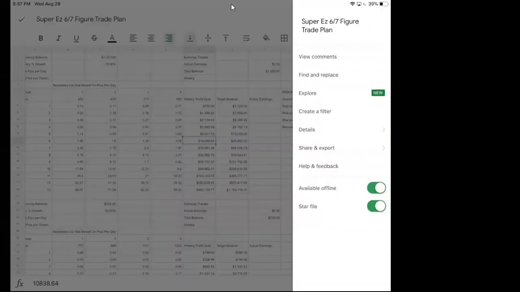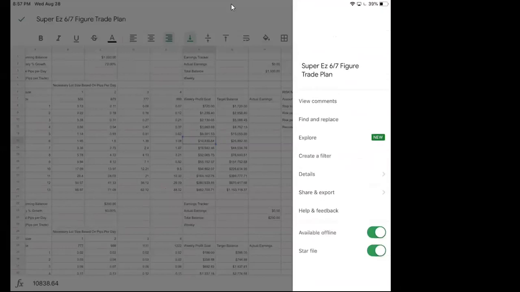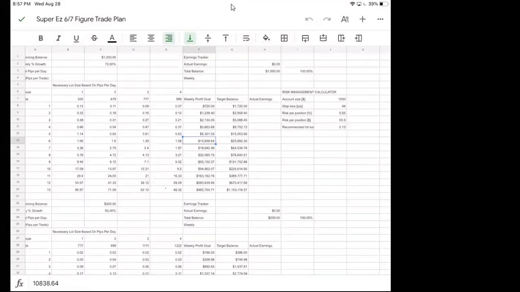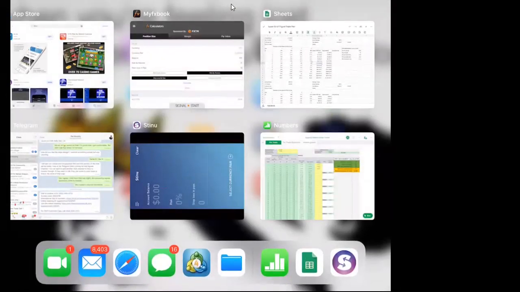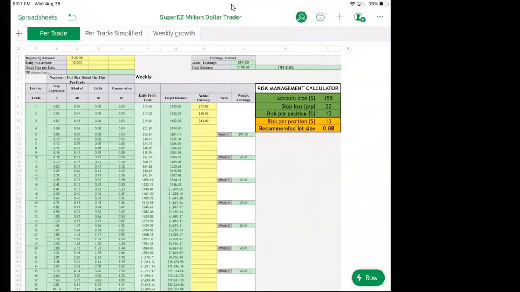Okay. And it automatically makes a copy, and the file will even say copy, like it will say copy SuperEZ. And then you just change the name of the file if you want to, but then you'll be able to do the editing in the new file. Okay, that sounds good. Thank you so much. I appreciate that. You're welcome.